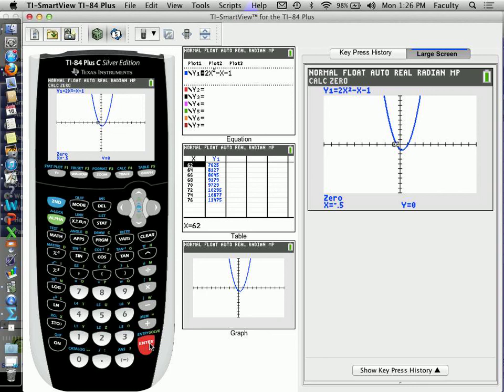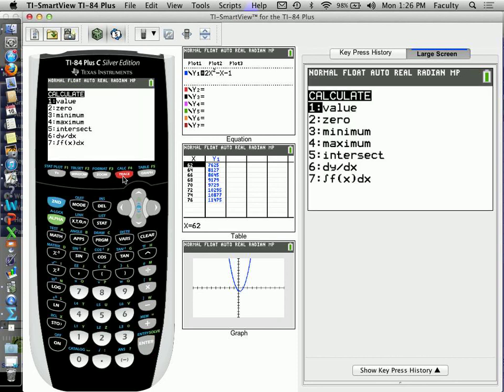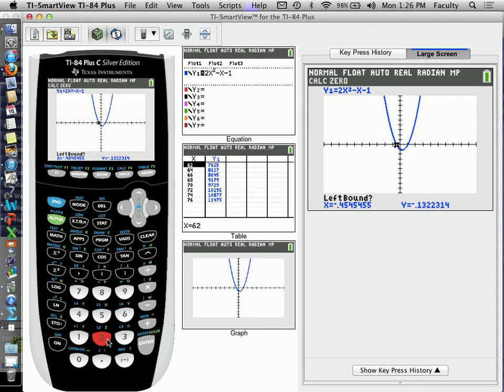Now let's repeat and get the 0 that's on the right side. So we go second, trace, select 0, and now I want the flashing cursor a teeny tiny bit to the left of that x-intercept. Not to the left of the entire graph, just a little bit to the left of the x-intercept.